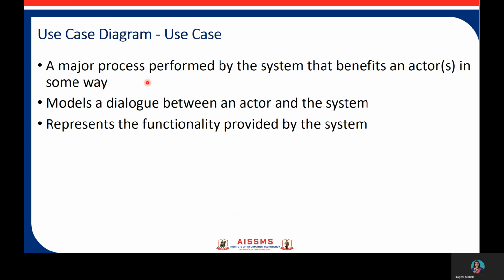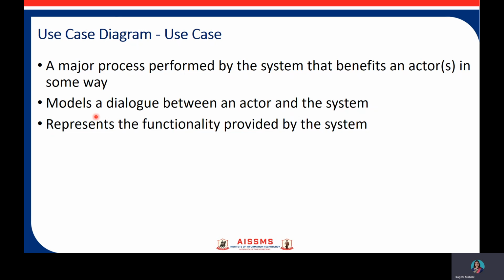So let us see in detail the use case. Use case is a major process performed by the system that benefits an actor in some way. So use case we can consider as some operation of the system or some process or a task that is performed in the system.